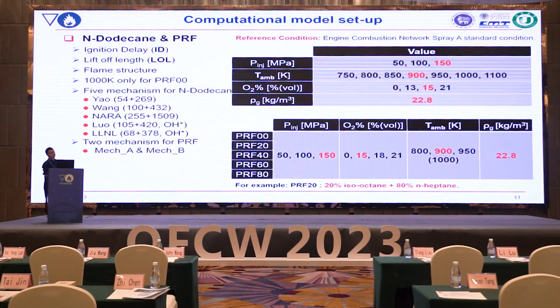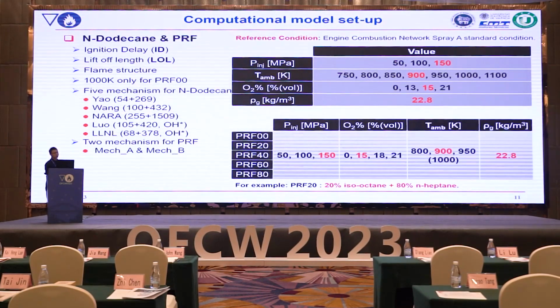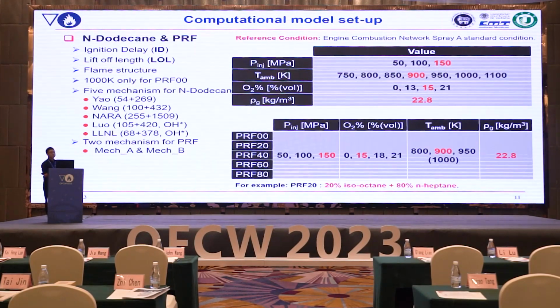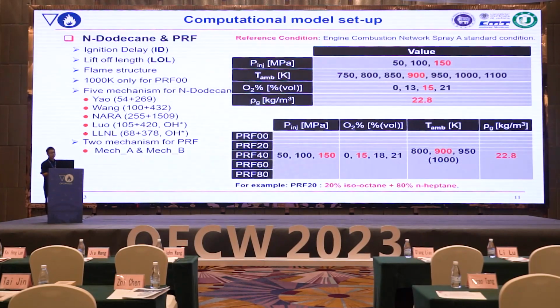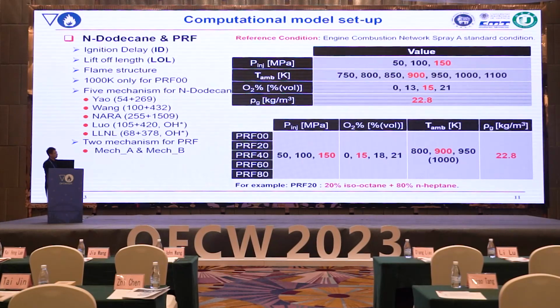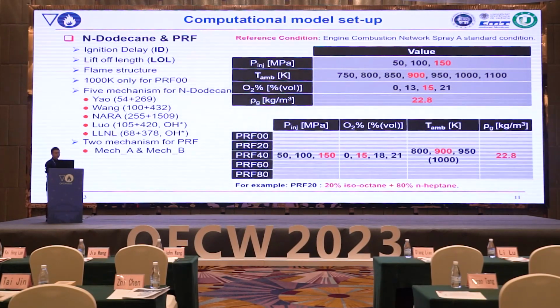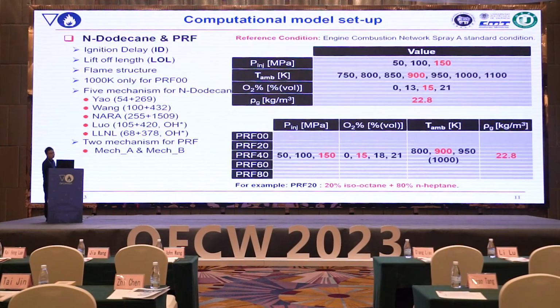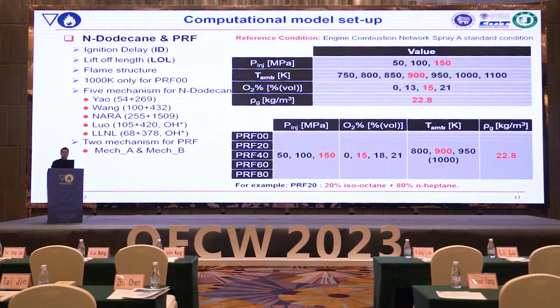And this is the calculation matrix for this project. We simulate the DDM and PIF. We focused on the ignition delay, lift-off length, and the flame structure. For DDM, we use 5 mechanisms with different species and reactions. But we need to check that the Raw and the LLNL mechanisms include the chemistry with and without the Chongqing mechanism.